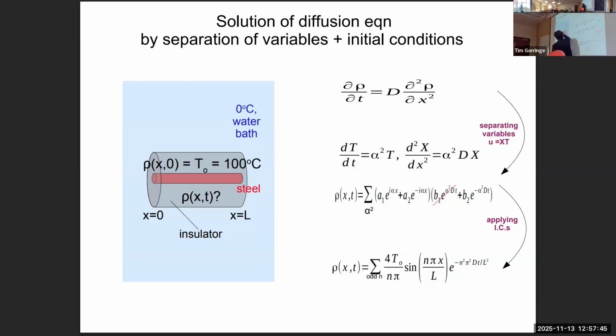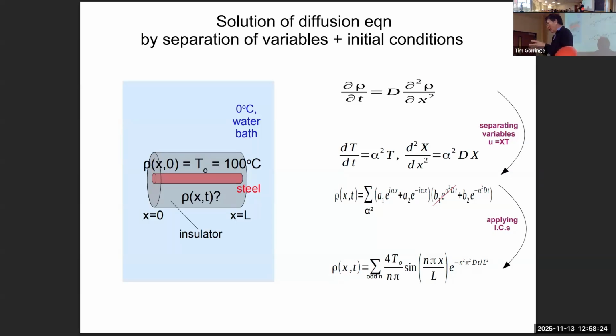To keep this a one-dimensional problem rather than a high-dimensional problem, we're going to imagine that this rod is perfectly insulated around its cylindrical walls, the cylindrical body, so that there's a cylindrical insulator, but it's in contact on the left-hand end and the right-hand end with the cold water bath. So this is also a problem you would solve numerically with the diffusion equation and with the leapfrog method.